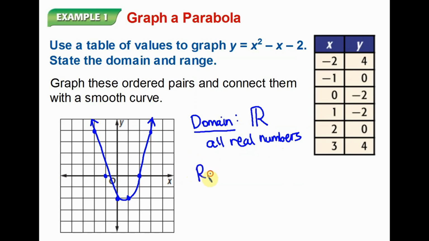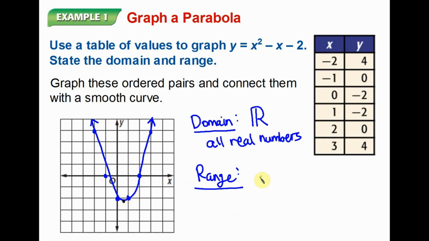When it comes to range, the range is for the y values. With quadratic functions, you have to be careful, because even though the domain could be any real numbers, the range always has a limitation. So the range looks like it has to be anything above this point, where we are not sure what this exact point is.